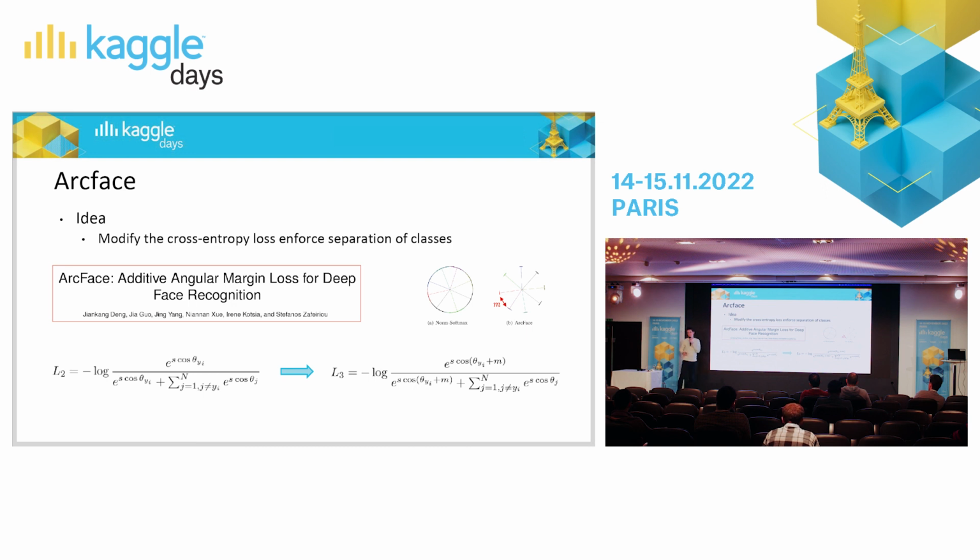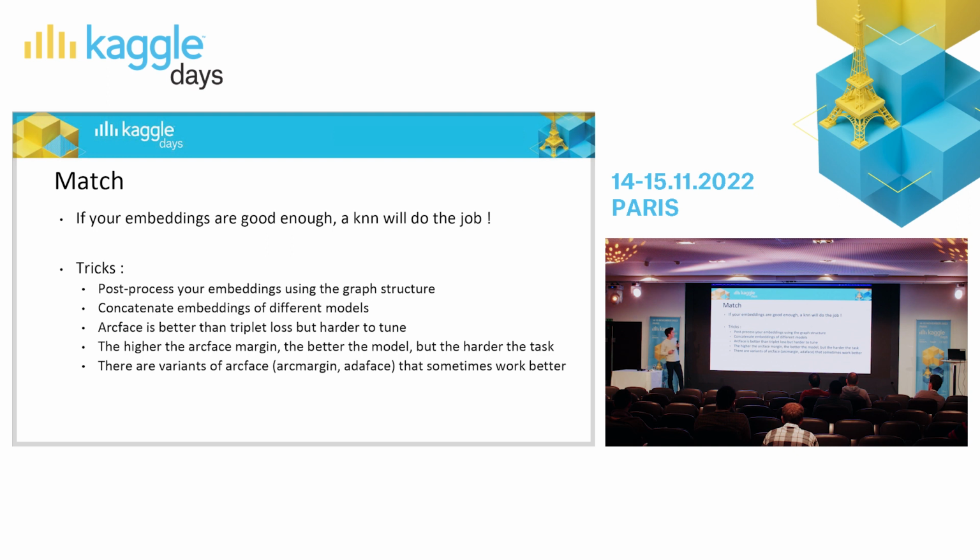And the good thing is you don't even need to implement it because people did it for you already in PyTorch libraries or stuff like that. And then once you've fine-tuned your model, let's say using ArcFace or the triplet loss, you can plug a KNN on the output of the model and it will retrieve matches correctly. That's kind of the magic of deep learning. You don't even need to do anything, just train your model.